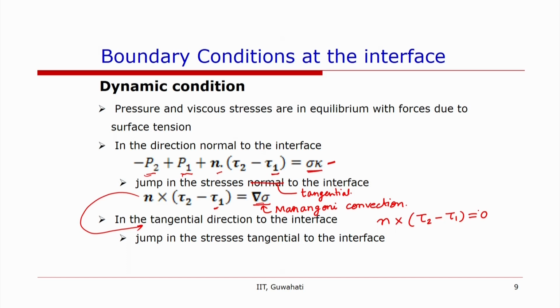In case there is no surface tension gradient, when sigma is constant, the tangential stress will be continuous at the interface, but there is a jump in the normal stress.